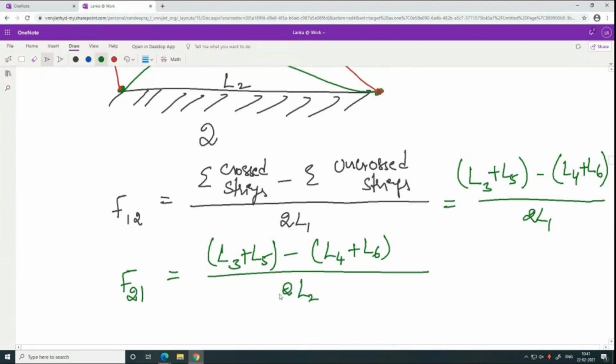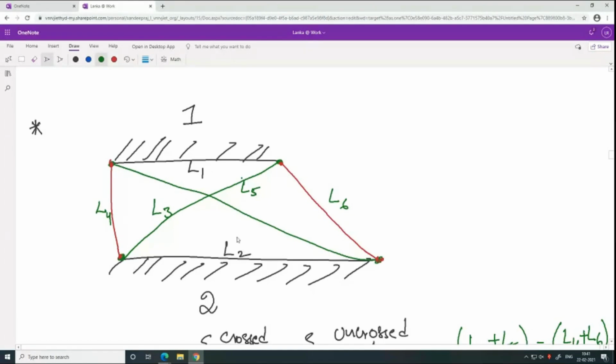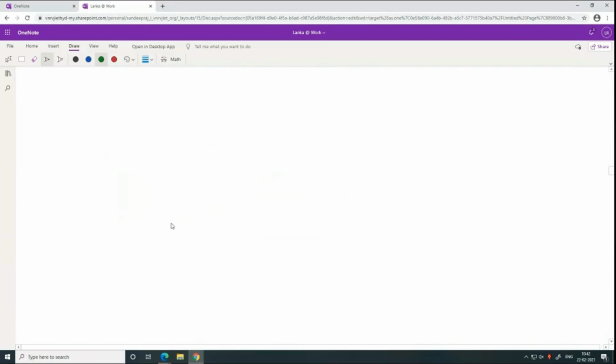So this will be the formula for F21 also. In a given problem, the lengths will be given in the question. L1, L2 will be given, and the remaining ones you have to find out and solve for the shape factor. Okay, that is one case.